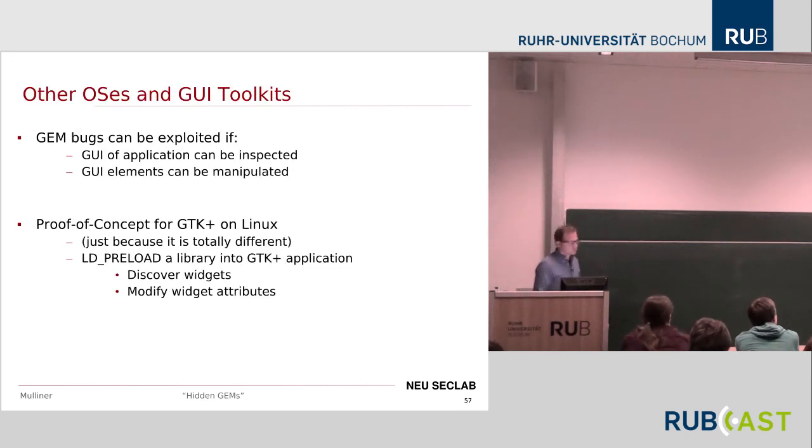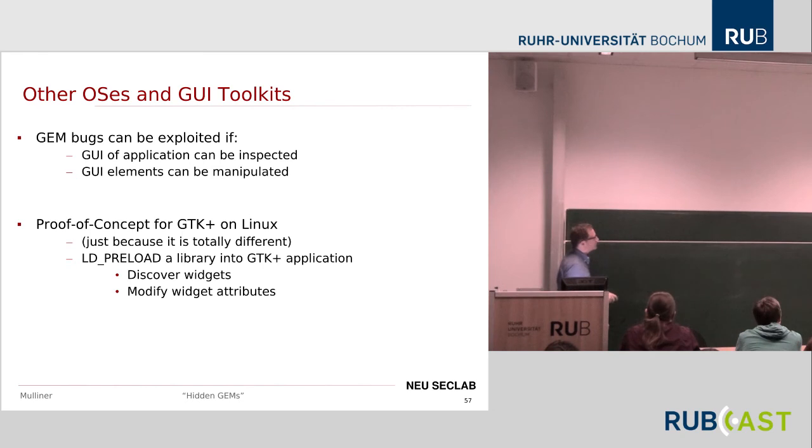We also looked a little bit into other operating systems and other UI toolkits. And the basic properties, what I also said in the beginning, are that you need to be able to inspect the UI of an application so that you can say, hey, give me access to every widget, and you must be able to manipulate the widget, of course without reversing the application or changing the binary.